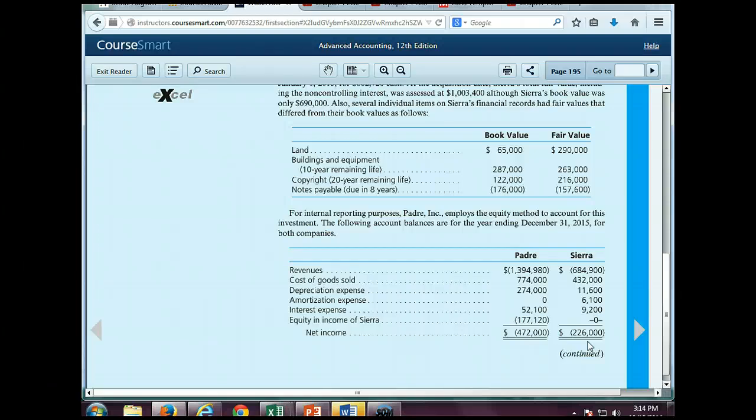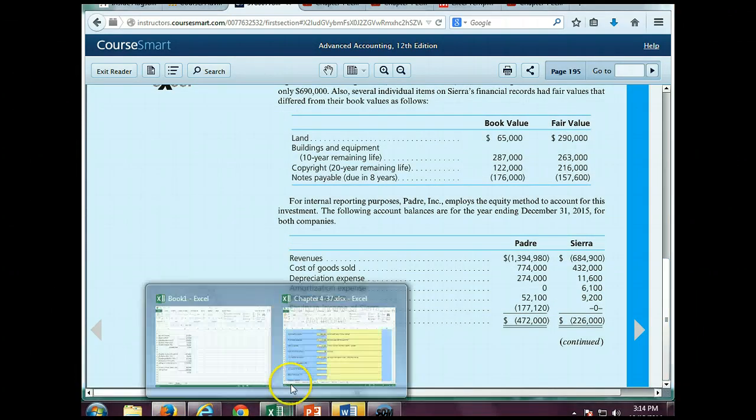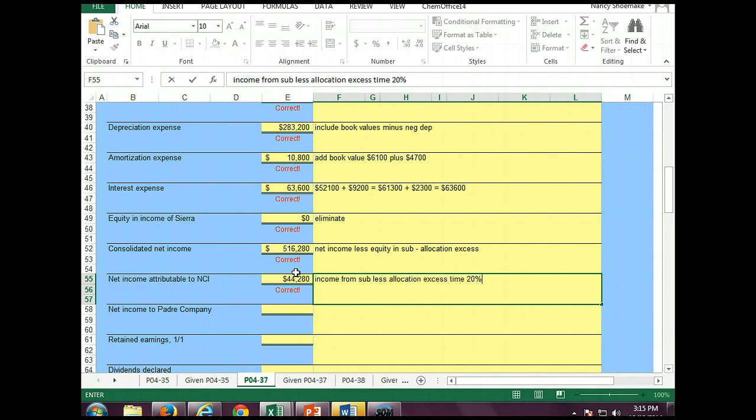Subtract our 4,600. 226 minus 4,600 is 221,400. 221,400 times 20% is what? 44,280. Perfect. So let me write this down. This is going to be the income from sub less allocation excess times 20%, 44,280.